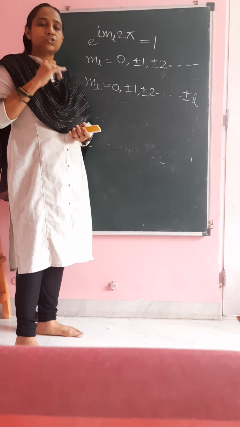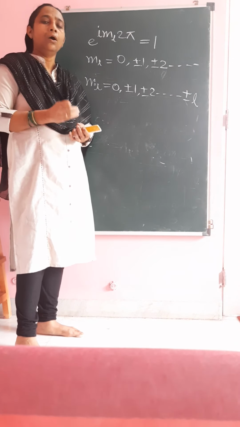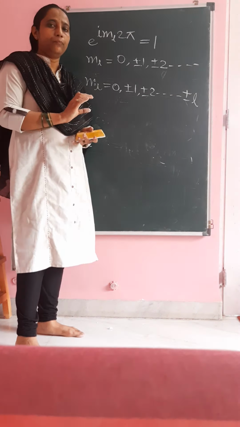So we have the solutions of the R equation only for the positive values, and for the negative values, the solution is possible only if the value of energy is quantized.